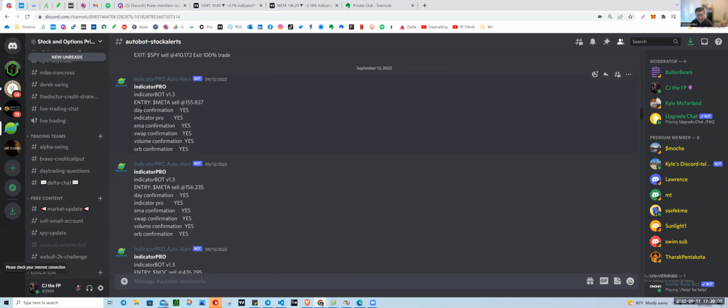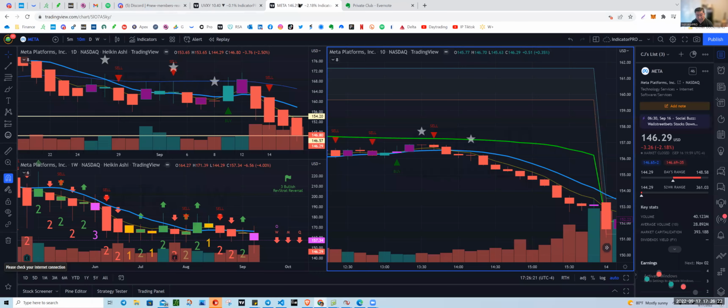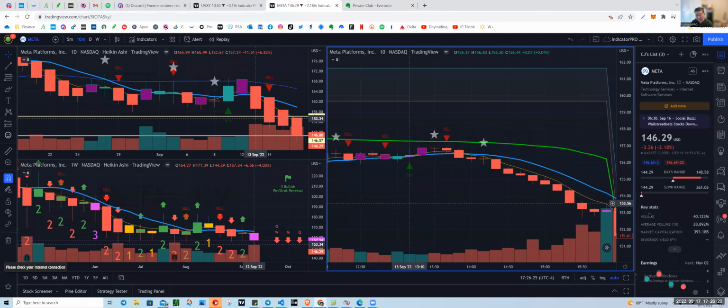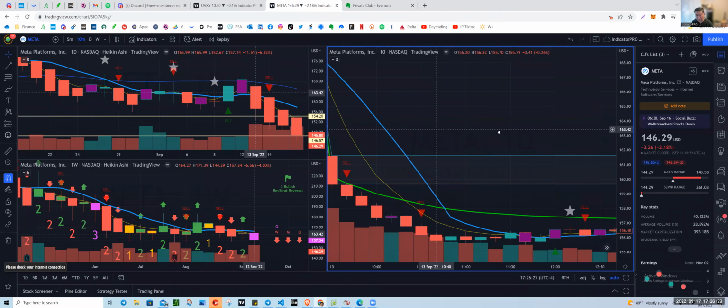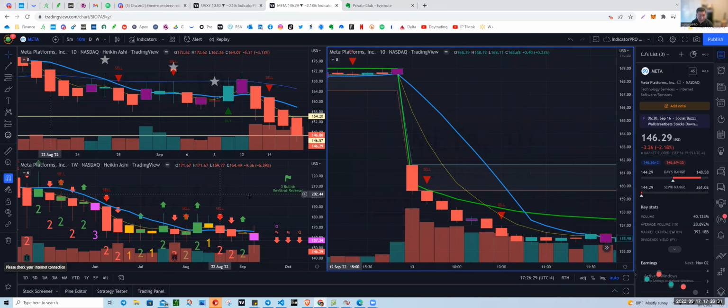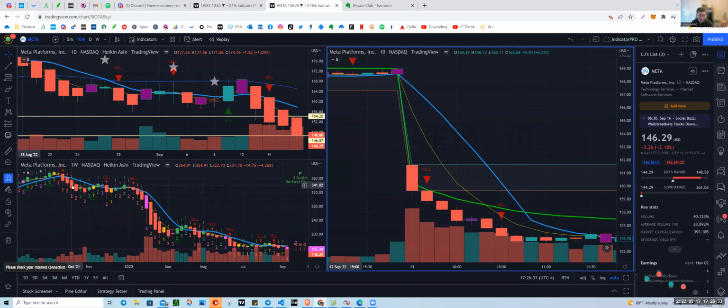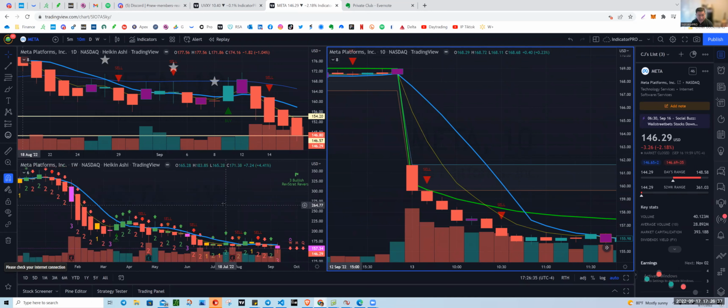and there's a confirmation on the day candle, IndicatorPRO, EMA, VWAP, volume, and ORB confirmation. So what you still want to do is go to the chart and take a look, and notice that the overall weekly chart is downtrending.